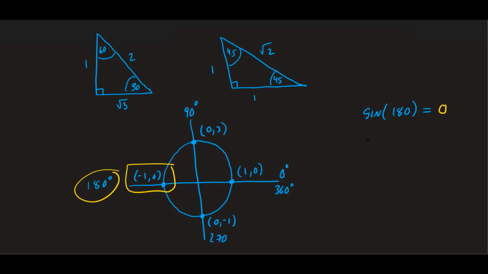And one more, let's say you want to evaluate cosine of 270 degrees. 270 degrees is this point right here. We're reading off the x-coordinate because cosine is the x-coordinate, so this would be 0. So these are the exact values. And of course, you can read off more from looking at the unit circle. Now let's just focus on those two right triangles and determine the exact value of a specific trig function.